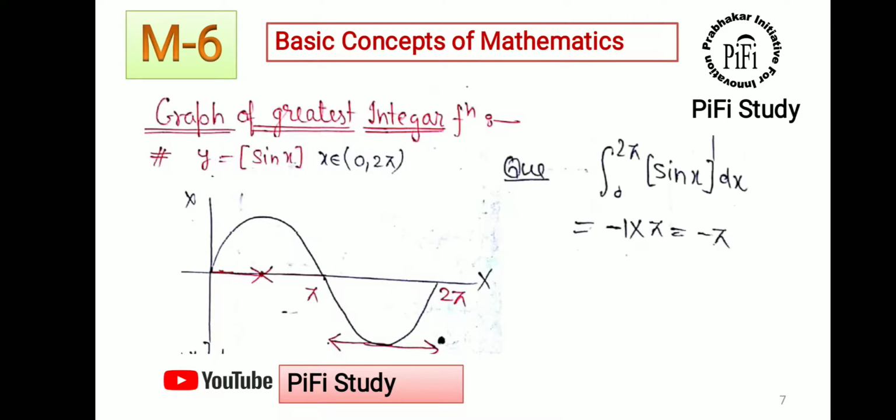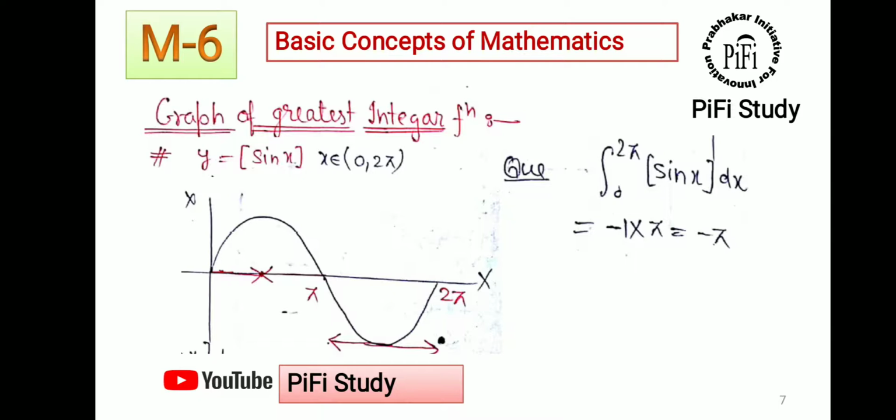So if you are asked the question integral from 0 to 2 pi of greatest integer of sin x dx, how will you plot? From this plot, from 0 to 2 pi you have two arcs. One is going from 0 to pi and one is coming from pi back toward 0. So both have greatest integer value corresponding to 0.